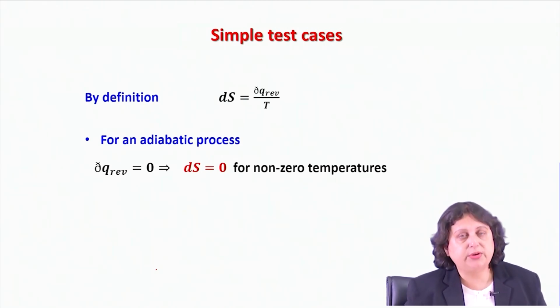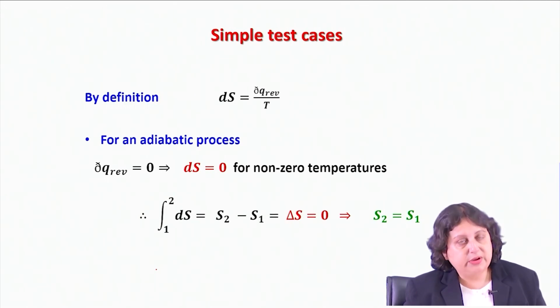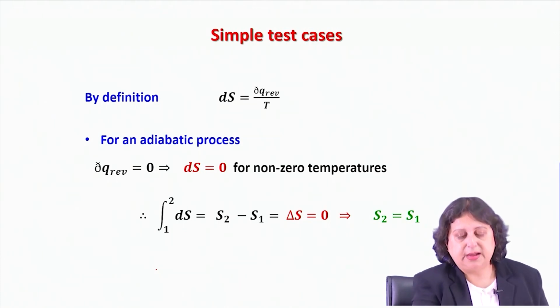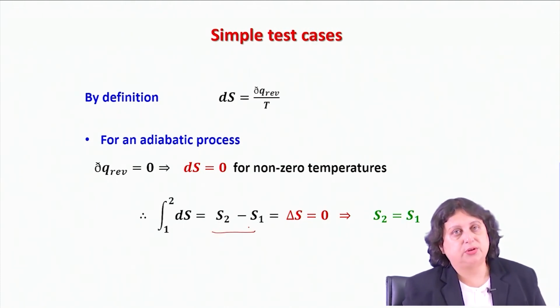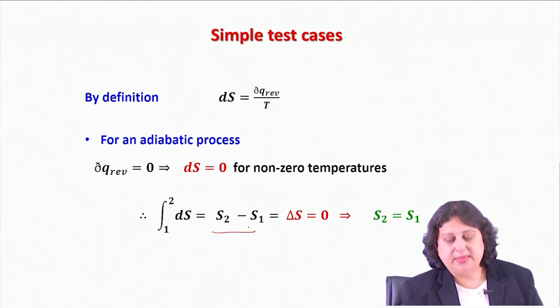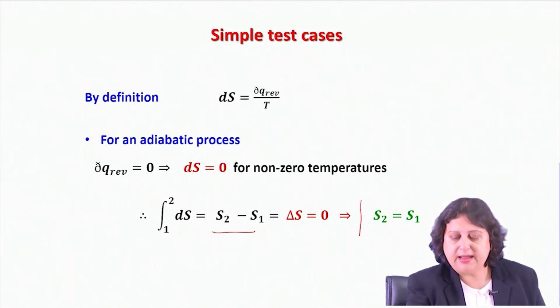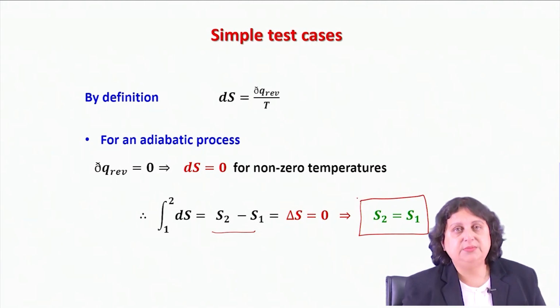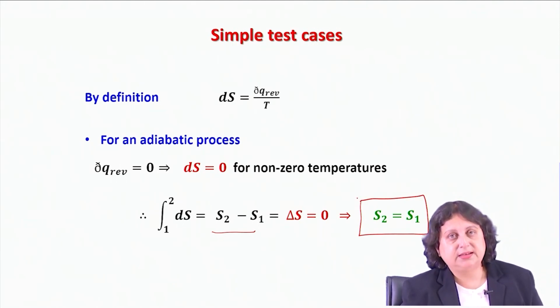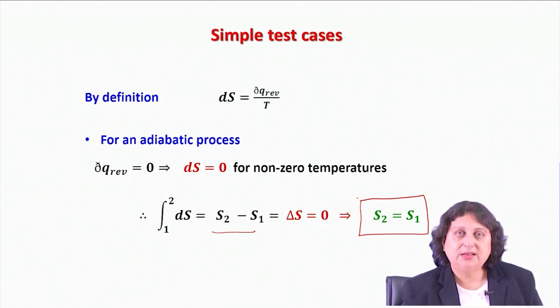Therefore, for non-zero temperatures, I must have dS equal to 0. If I now integrate as the system passes from state 1 to state 2, I find that S2 minus S1 should also be equal to 0. And therefore, for an adiabatic process, the entropy of the final state is equal to the entropy of the initial state.